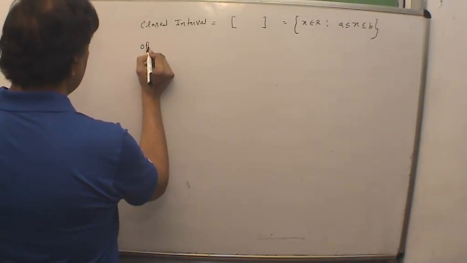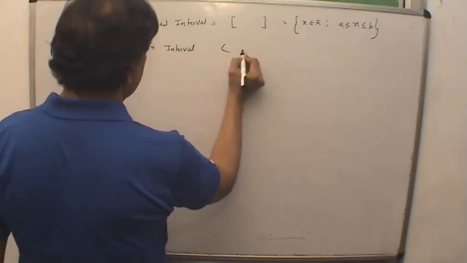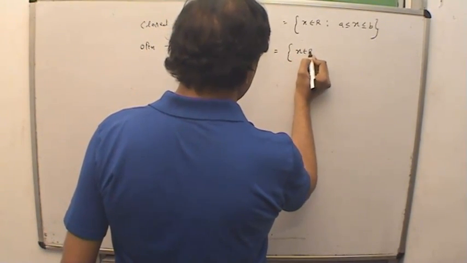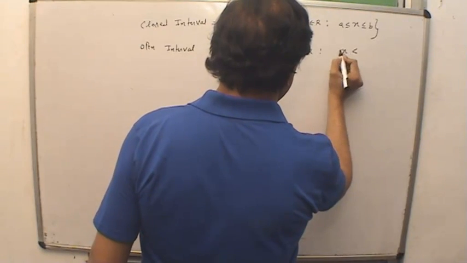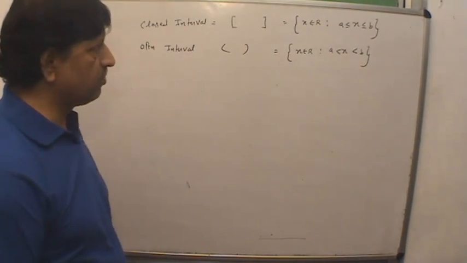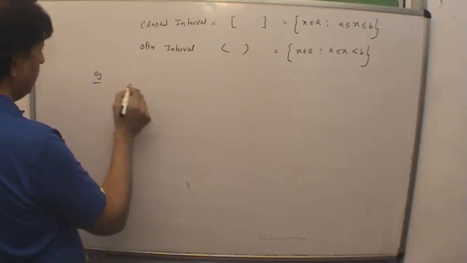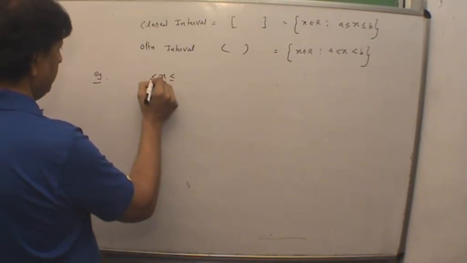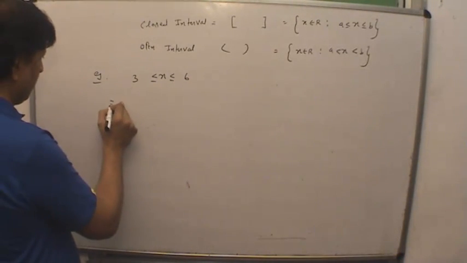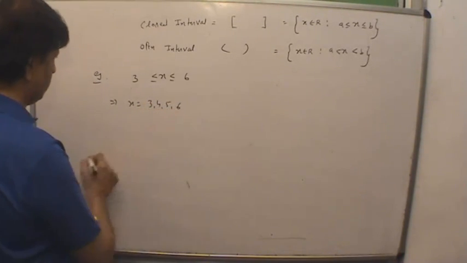Then the open interval we represent by this. It means x belongs to R such that x is strictly between A and B. It means we do not count the values of A and B. For example, if we take x lies between 3 and 6, this implies x is equal to 3, 4, 5 and 6.